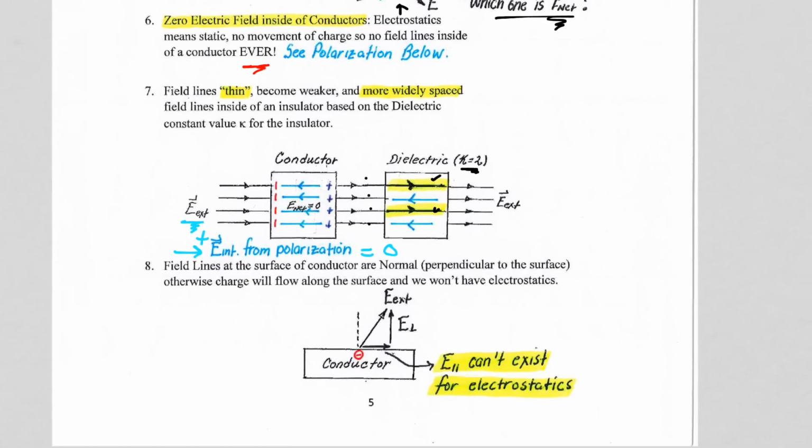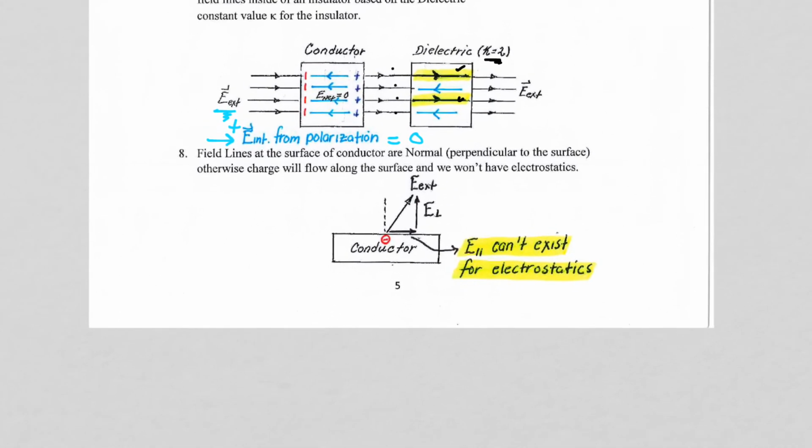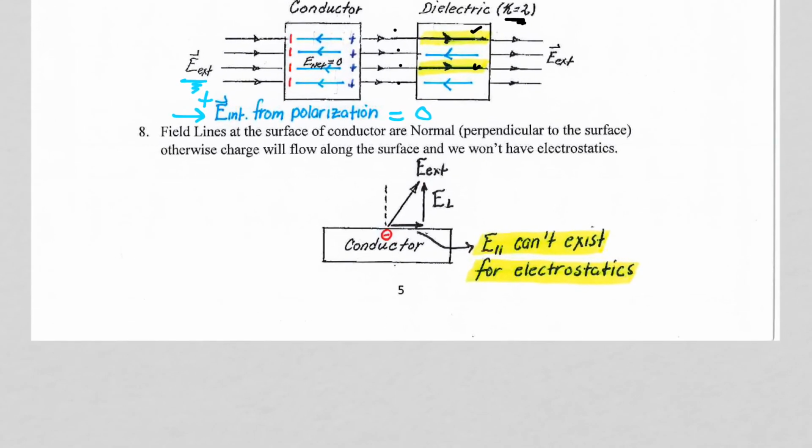The last thing we need to know about our field maps is that in electrostatics, the electric field lines will always be normal, perpendicular to the surface of a conductor. Otherwise, if we allowed the external field to exist in this state, what we would see is that there's an E parallel.